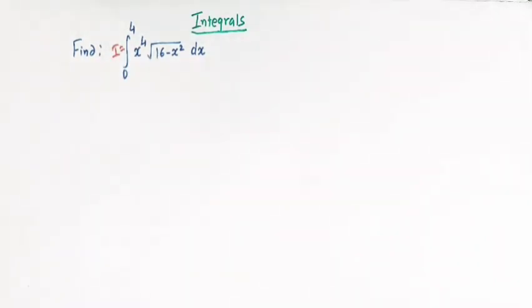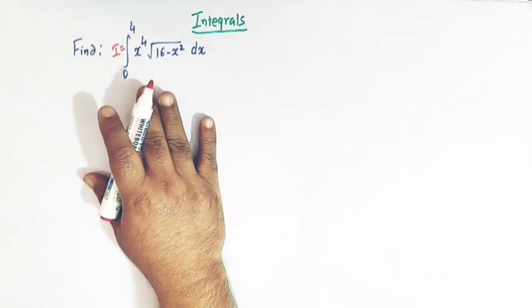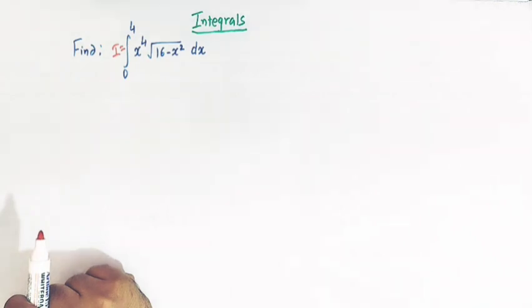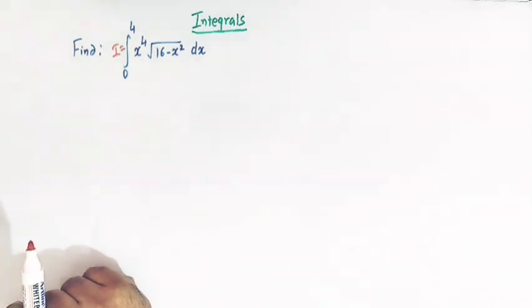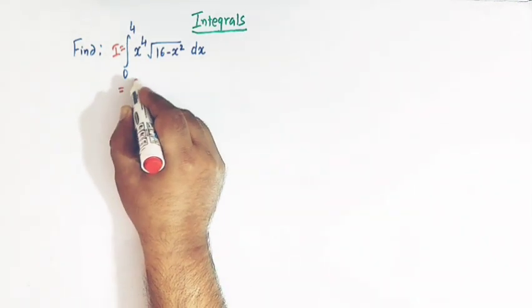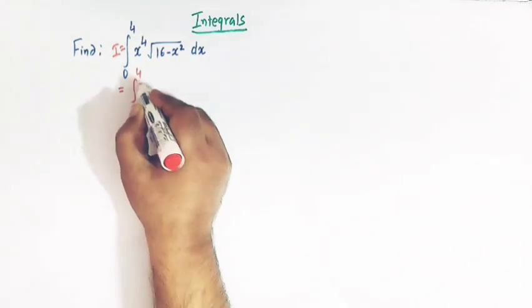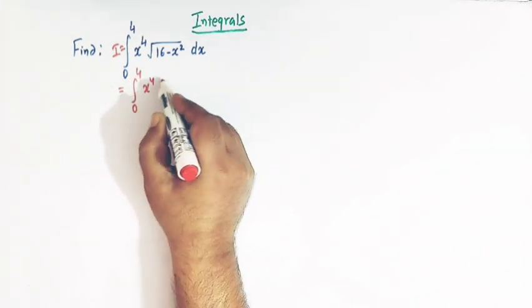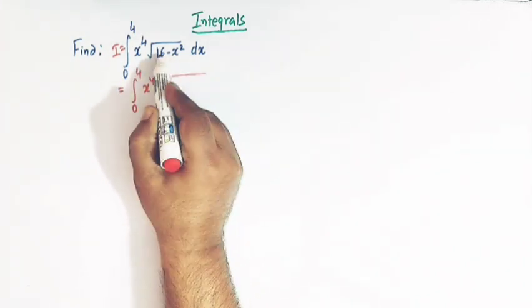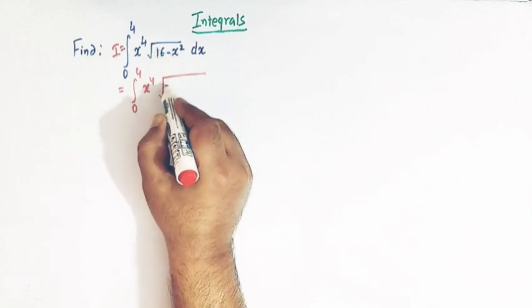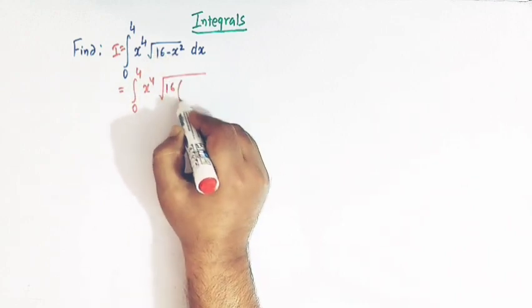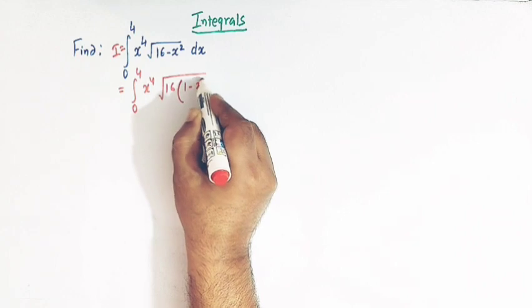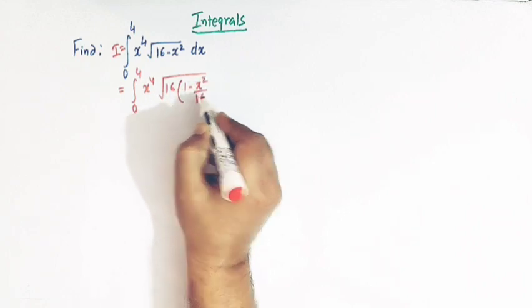Let us start. Here we will make use of the method of substitution. First we write this integral as the integral from 0 to 4 of x raised to 4, and we take 16 common, that is 16 times (1 minus x square over 16).